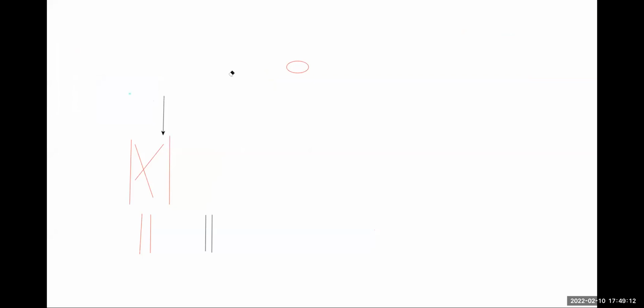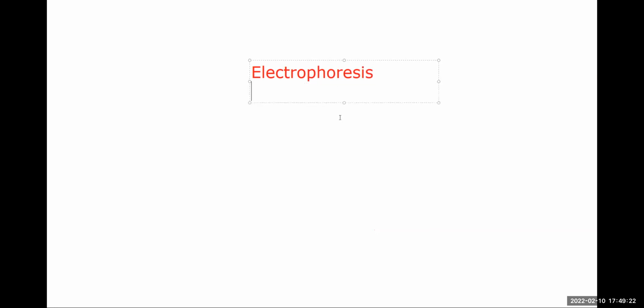So electrophoresis means separation of molecules by charge.